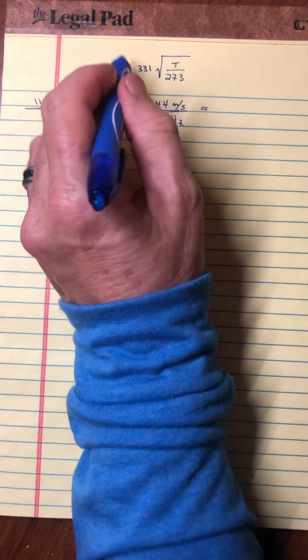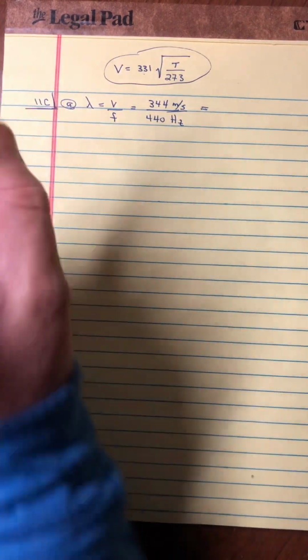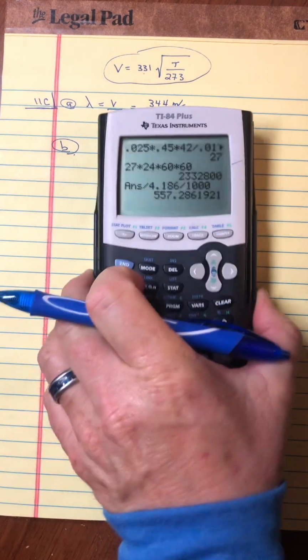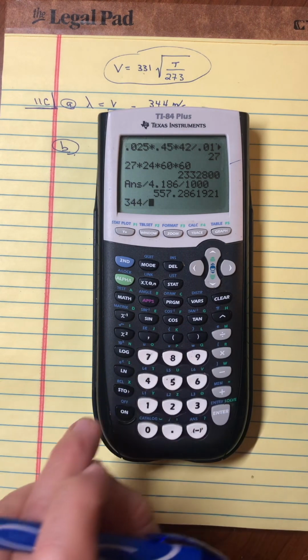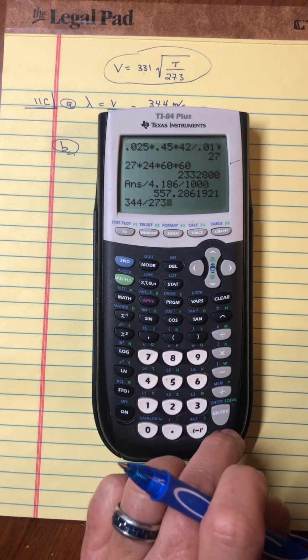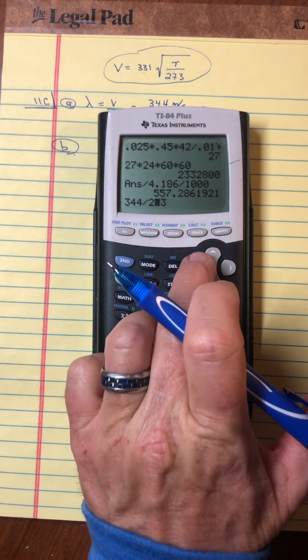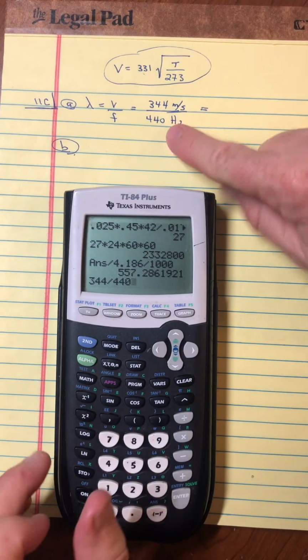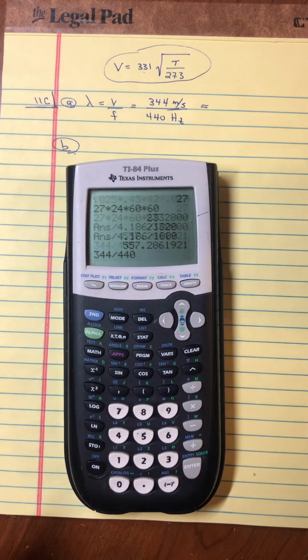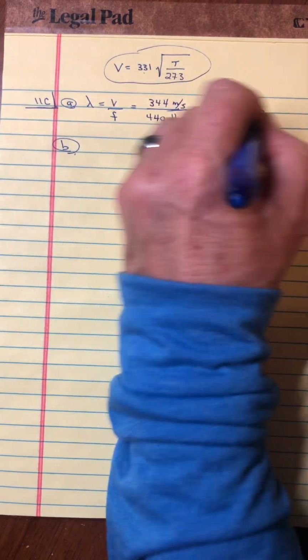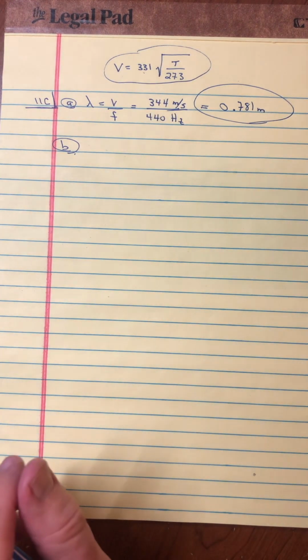I wasn't really expecting you to use this equation yet. That's going to happen in B. But for starters, it was just a straightforward 344 divided by 440. I was kind of blocking my equation. And then I will get a wavelength of about 0.781 meters. So there's the first part of it.